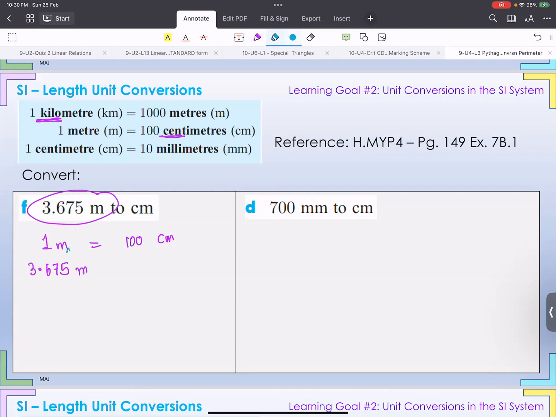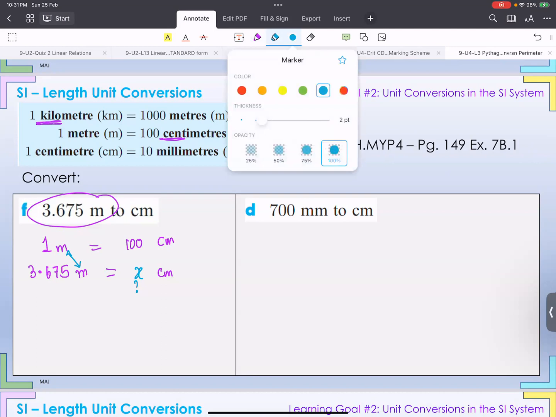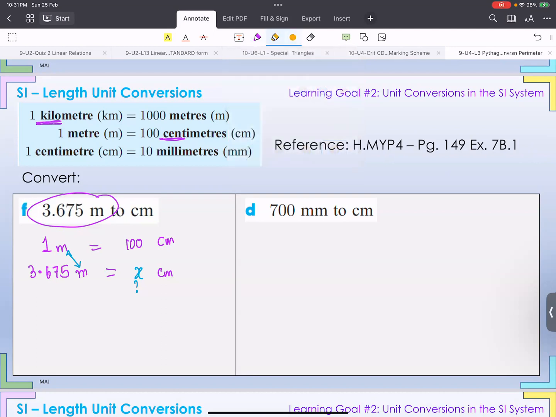These two units should be the same. That's what I mean by lining it up. I'm just going to call this X centimeters, because we want to find 3.675 meters in centimeters.